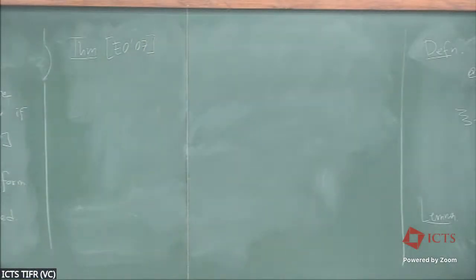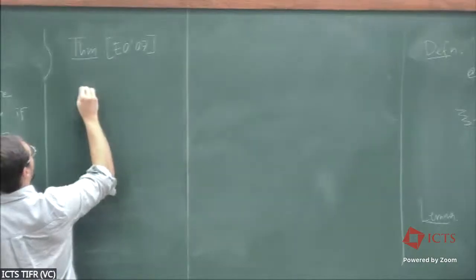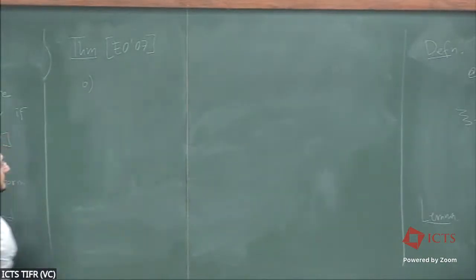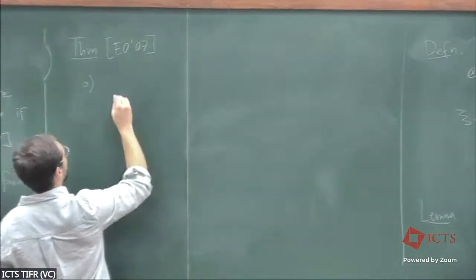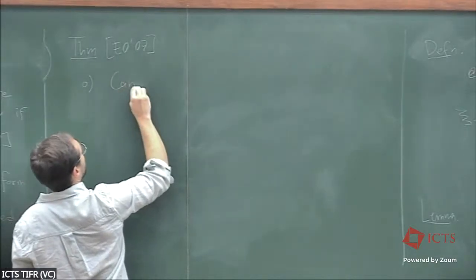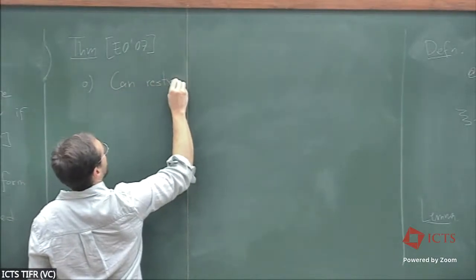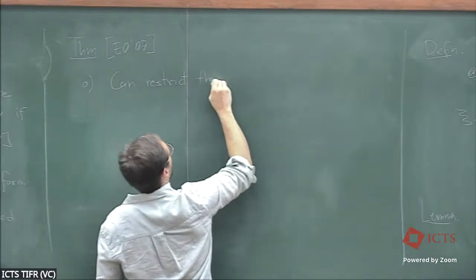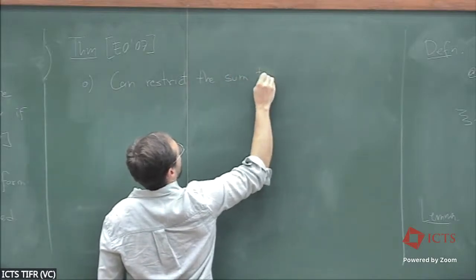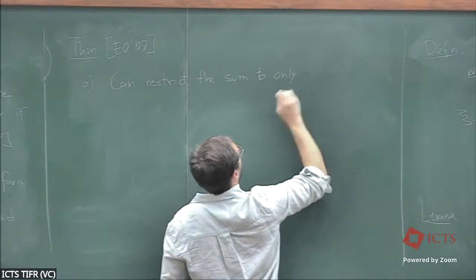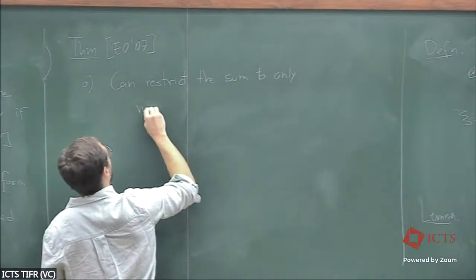And it's a bunch of properties satisfied by this omega g,n's. So maybe the first property is that actually we can restrict the sum to only non-irrelevant ramification points.